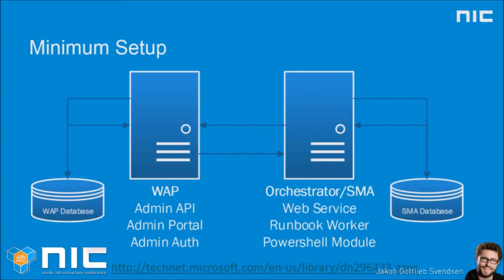But as I said before, the idea is that you have multiple servers to run your PowerShell. So therefore, the runbook worker, which we have here, should actually be on its own server, and you should have more than one server that is a runbook worker. Luckily, they are pretty simple today to set up: a server, install a service, and then register it for Orchestrator.